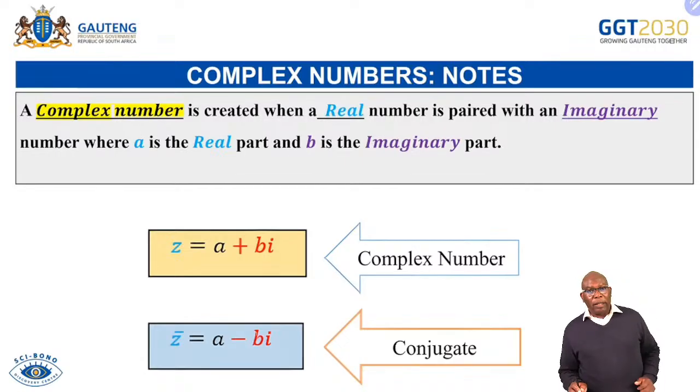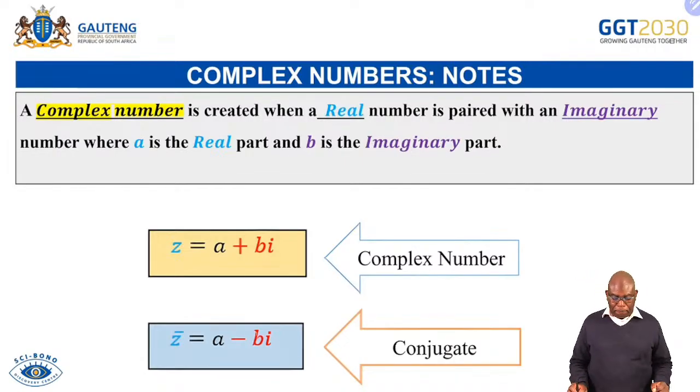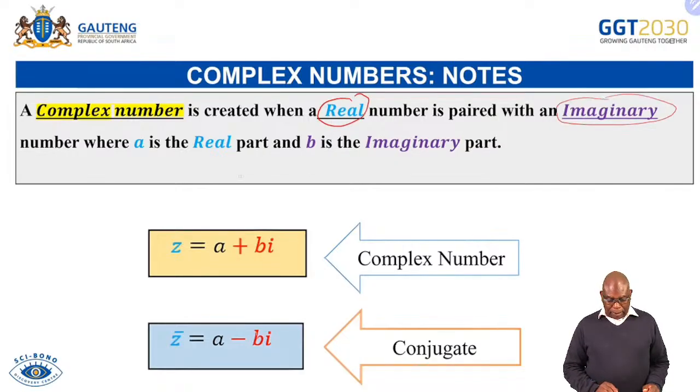Now, let's look at some of the quick notes that I've put in here. We are not going to ask you to define a complex number, but you must know what a complex number is. What am I dealing with here? I'm dealing with a real part and an imaginary part. A is the real part, B is the imaginary part.